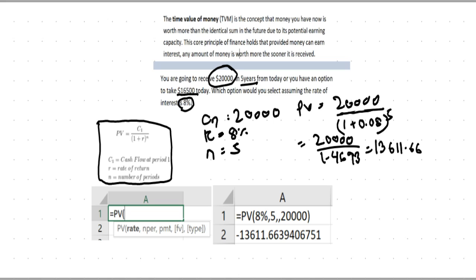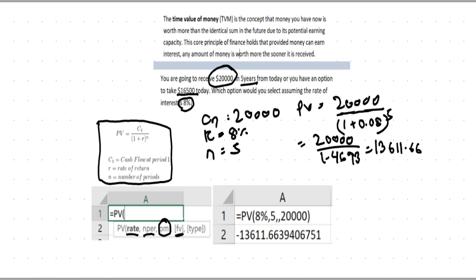Again, you can use Microsoft Excel to calculate this. The function you have to use is equal to PV, that is the present value. Then you have to give the rate, that is the rate of interest or rate of return, NPER, that is the number of periods, PMT. If you have any recurring payment, like in each period, if you are receiving some amount of money in the future, then you have to give it here.